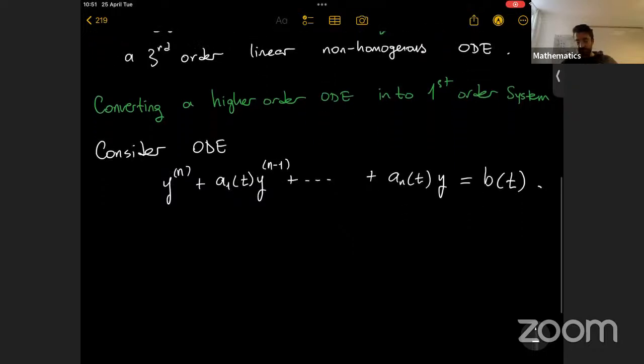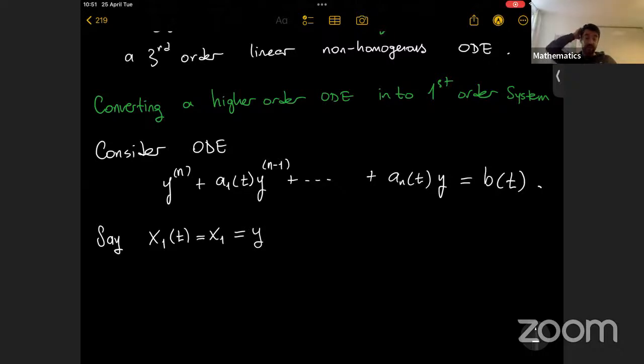Well, to get a system, we will have n different functions. Say x1, a function of t, for short let's call it x1. x1 is equal to y.